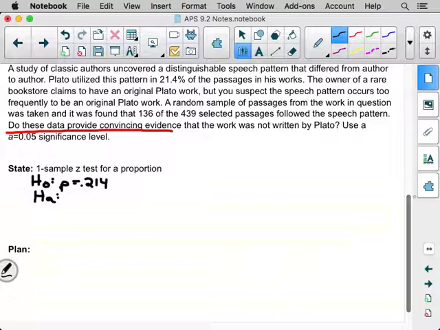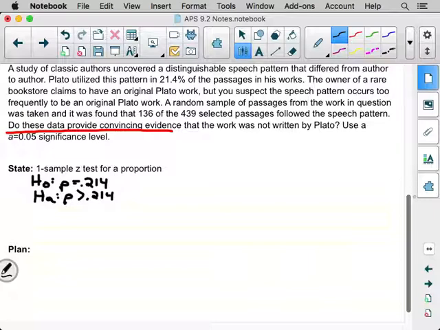Okay. In terms of the direction here, so we need a direction. You suspect that the speech pattern occurs too frequently to be a work by Plato. So here we think this particular passage is actually using that too much. It's too frequent to have been an authentic Plato work.